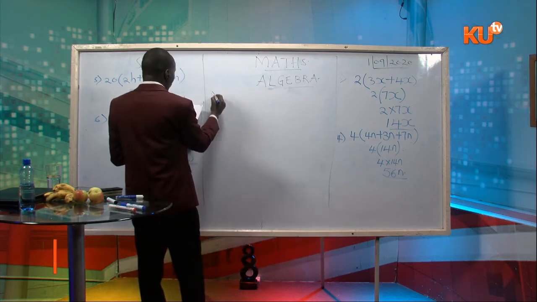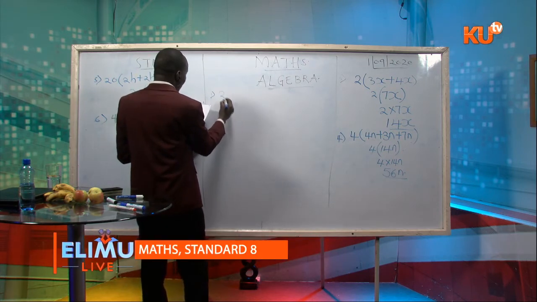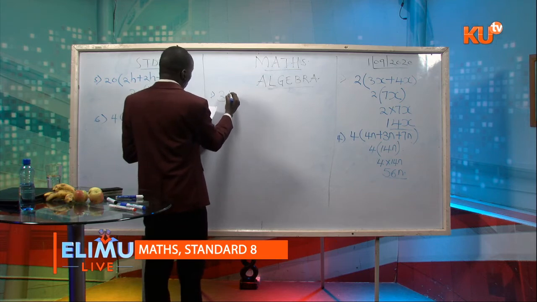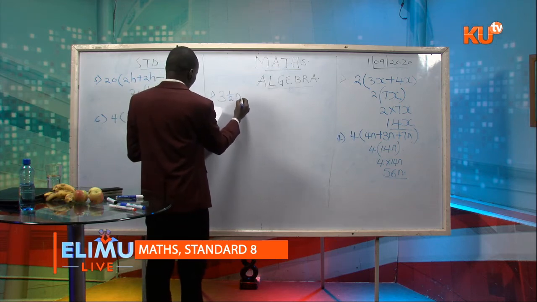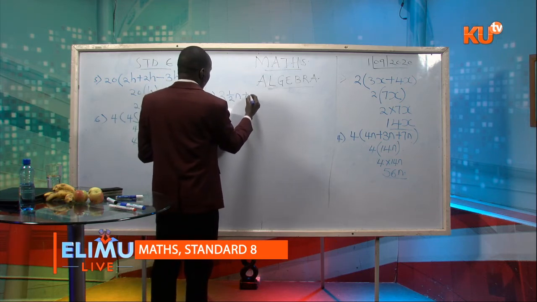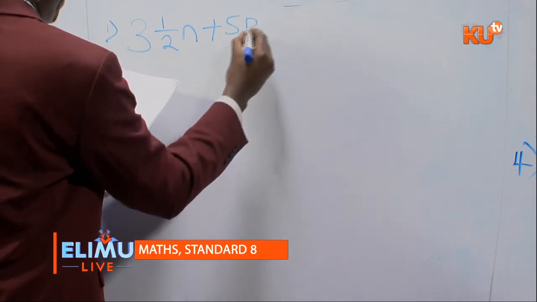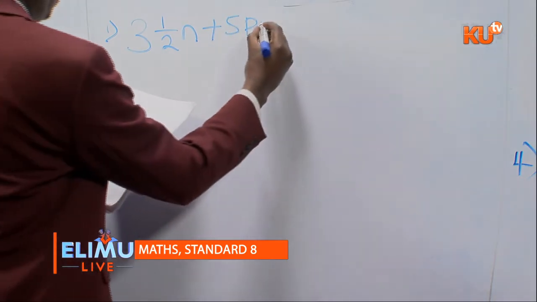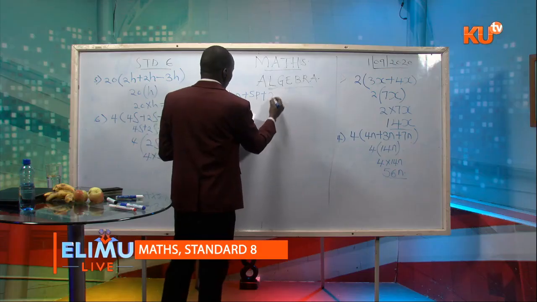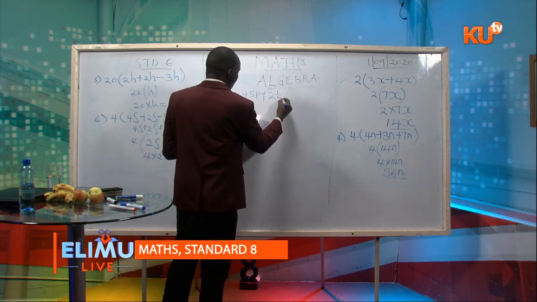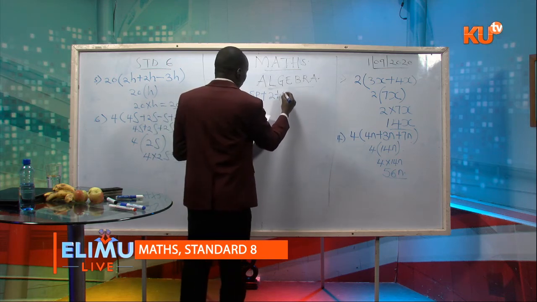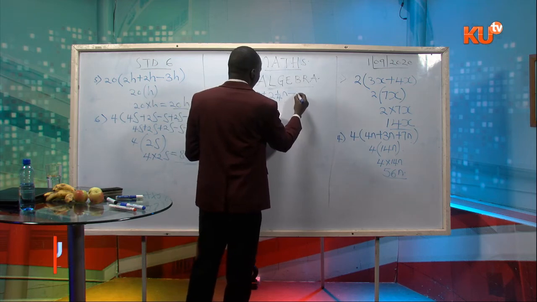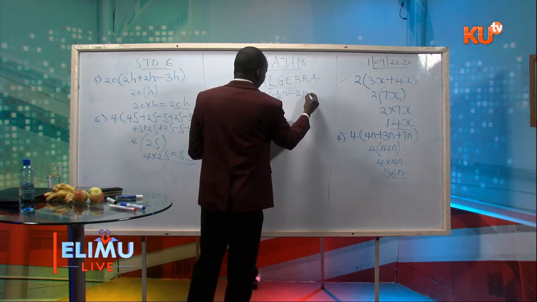Our first example, 3 whole number 1/2n plus 5p plus 2 whole number 1/4n, take away 2p.